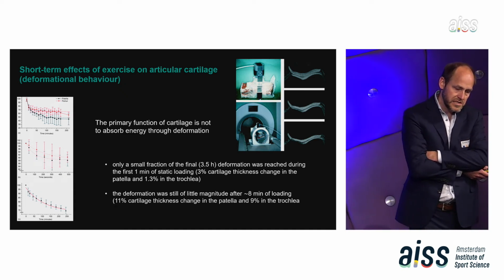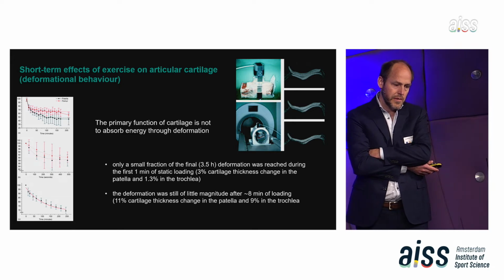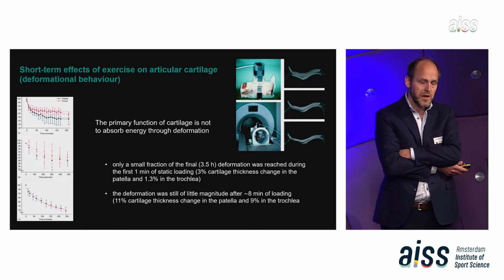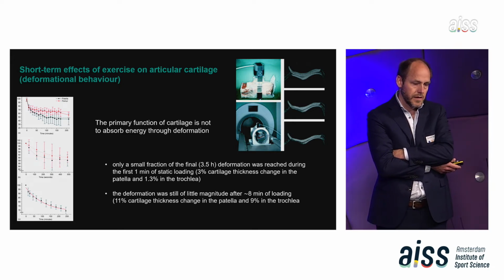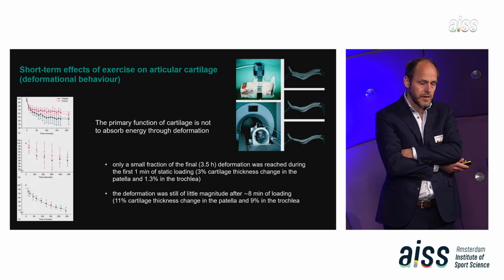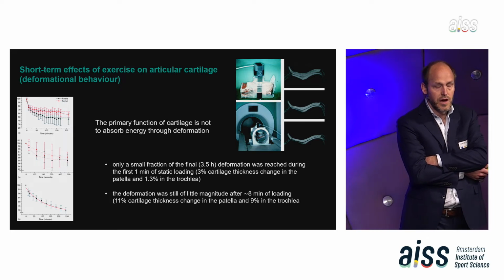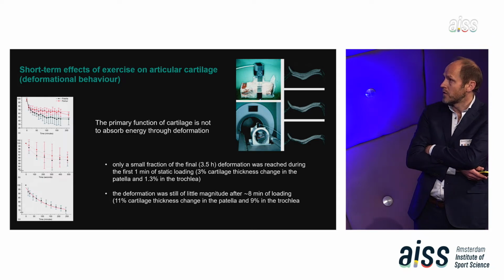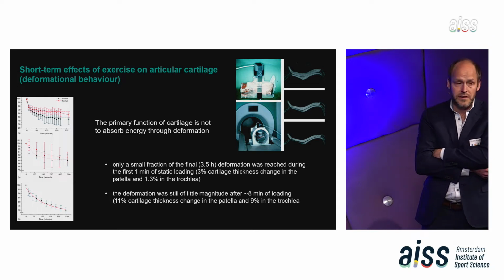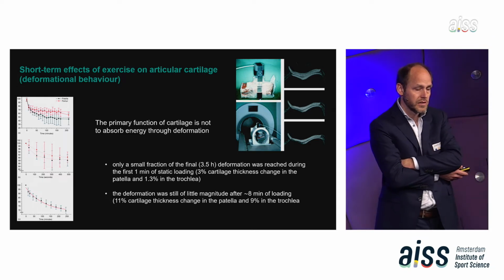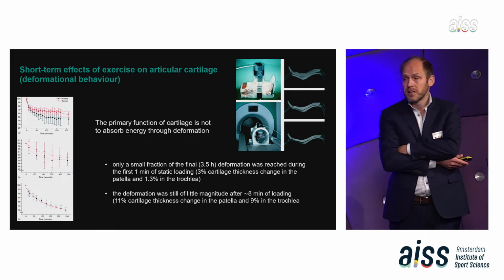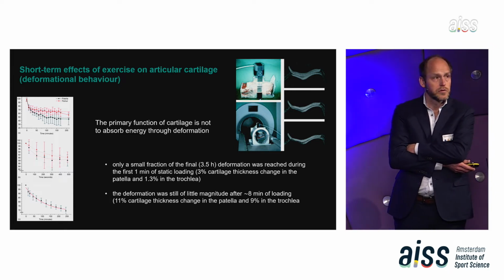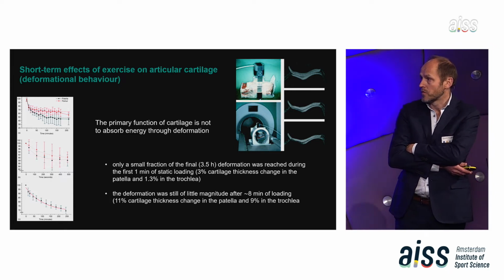So what was tested on the properties? The short-term deformation is interesting. In the years that the MRI became popular, they were able to start doing testing in 5.0, and they found that the primary function is not to absorb energy through deformation, it's just to distribute load over the subchondral bone.